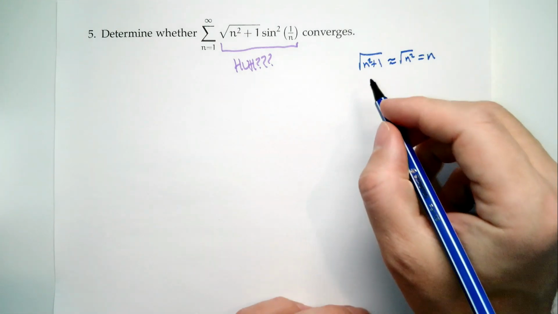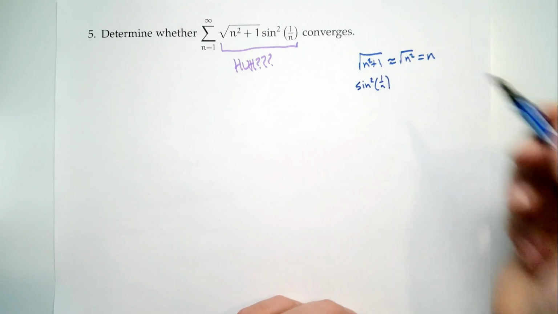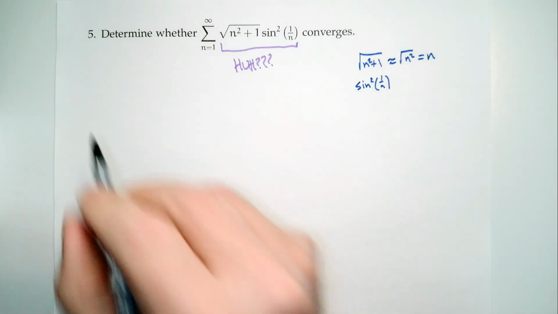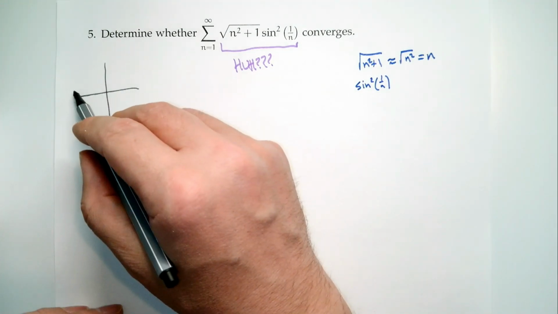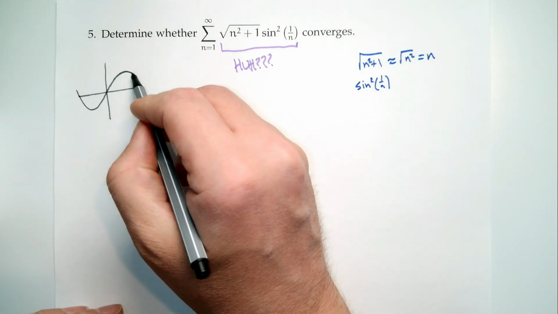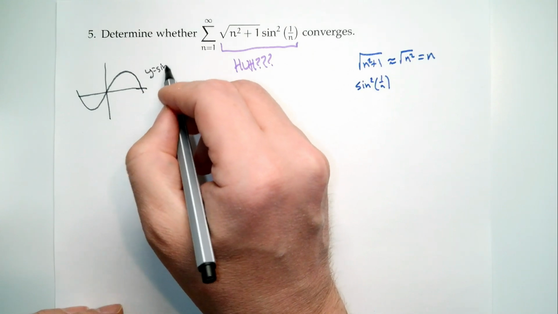All right, how about sine squared of 1 over n? Now here's something interesting. Let's talk about sine for a second. This is a neat little fact, one of those facts which you know, but you may not realize that you know it. Suppose this is our function sine of x.